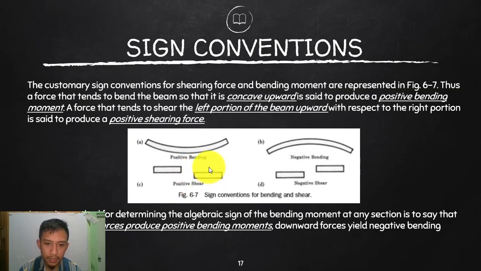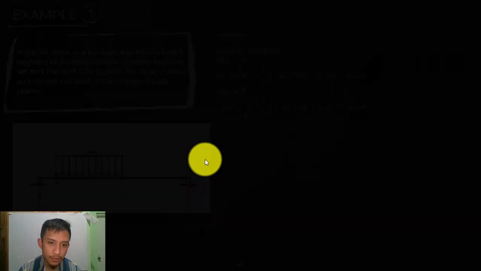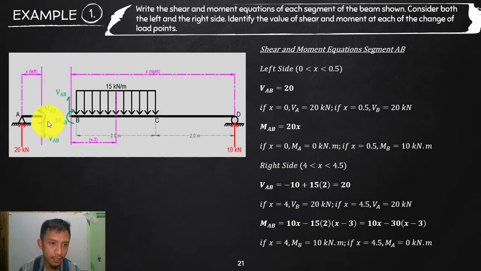If you are on the right side, your left side should be, if that's a negative, the other way: your left side will be lower than the right side. So for us to have a positive shear, we need a going-down shear for that right side to be lower. Okay, so that will be my sign convention.